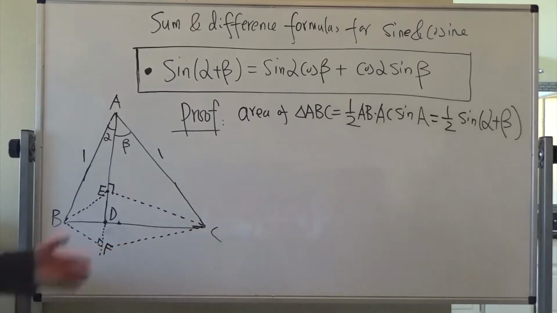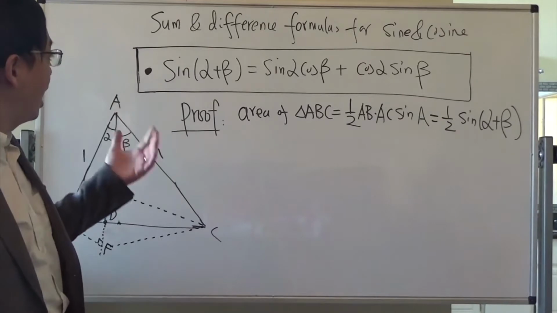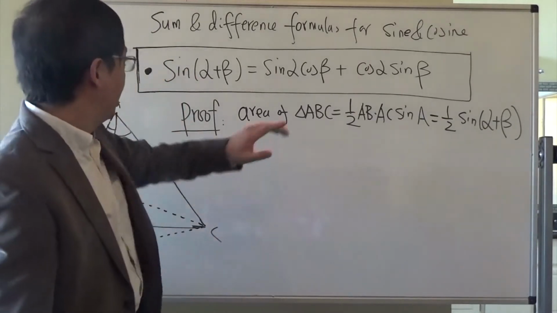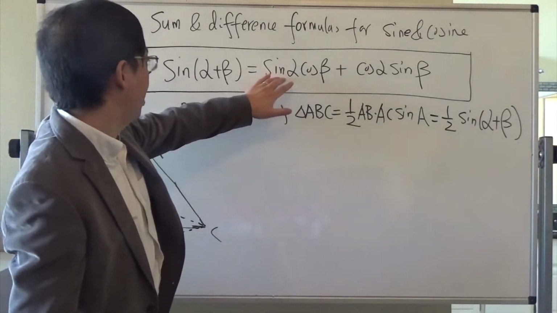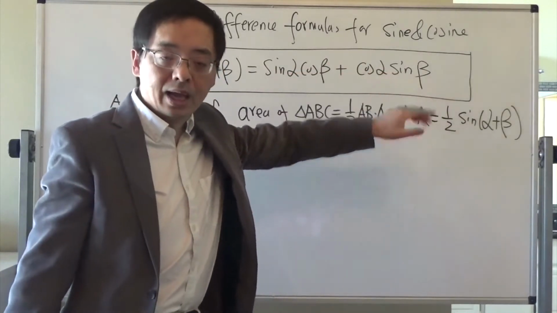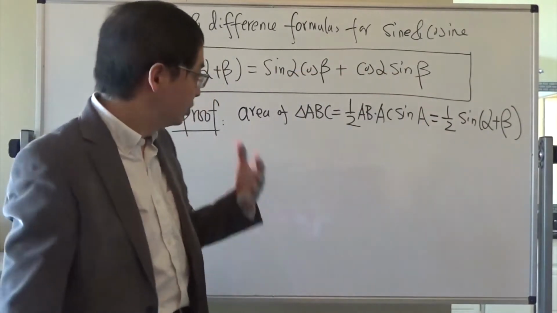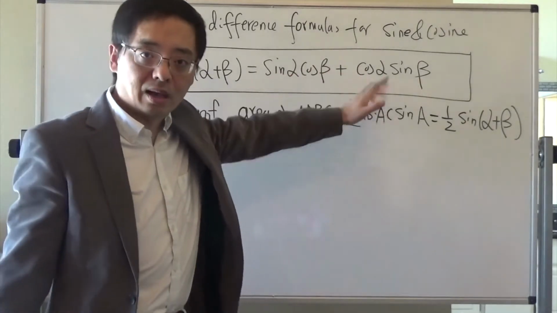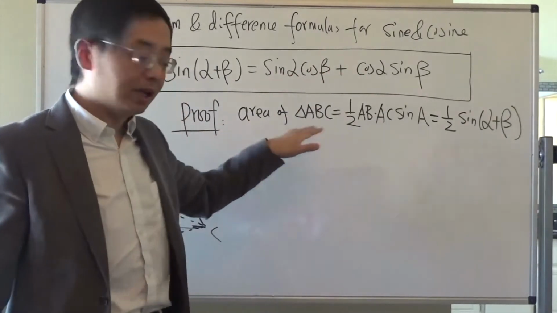The reason I'm doing that is because I want to create those quantities sine alpha, cosine beta, cosine alpha, and sine beta, and then find a geometric interpretation to see whether the right hand side equals twice the area of ABC.